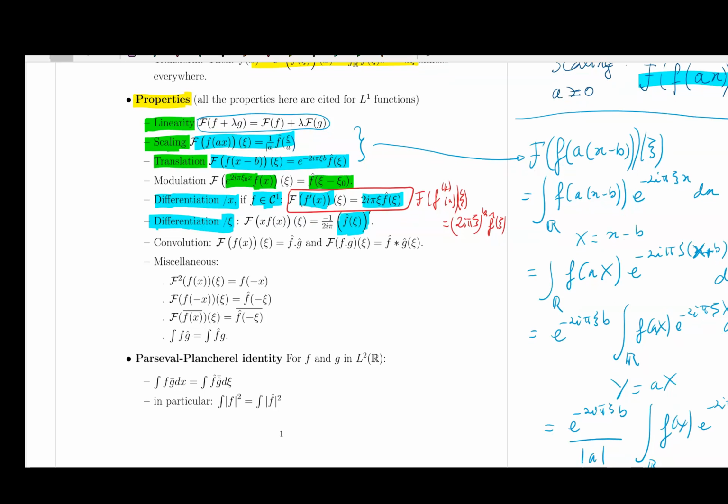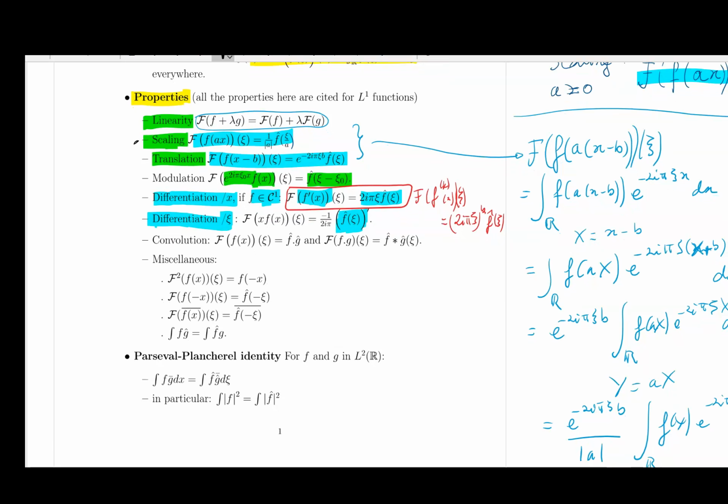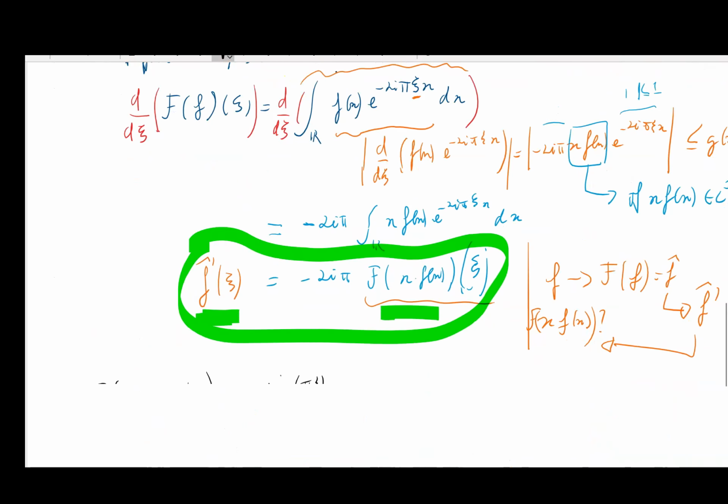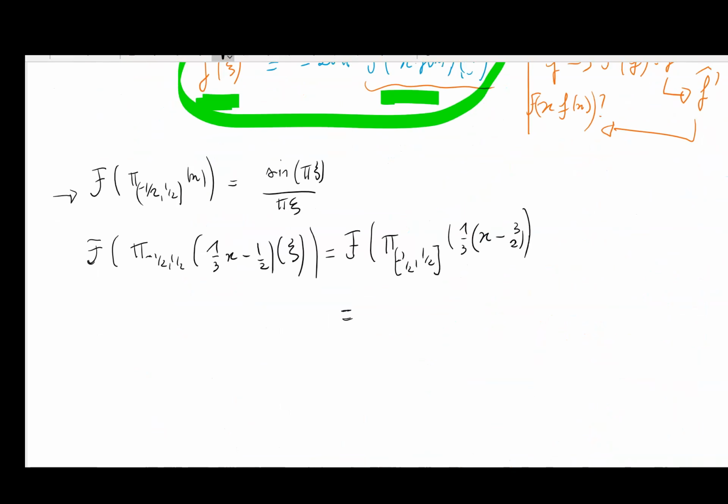We were scaling by 1 over 3, so we're going to have a 3 times the Fourier transform of 3 times psi, and the translation, which means we were translating by 3 over 2, so we're going to have an e to the minus 2 i pi psi times 3 over 2 in front of that.